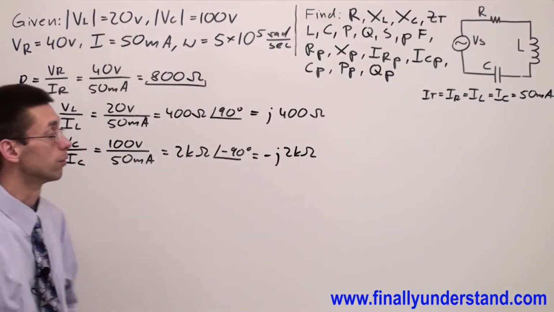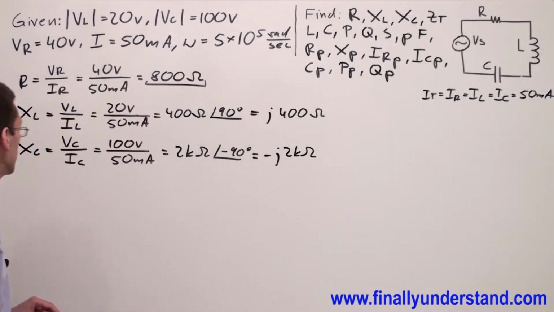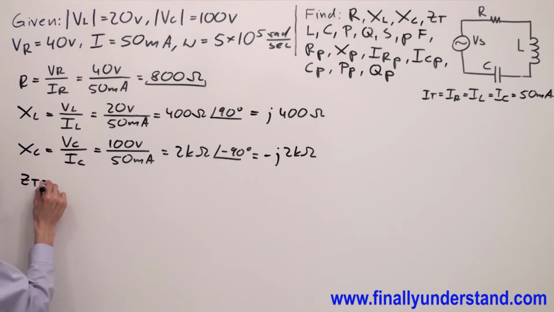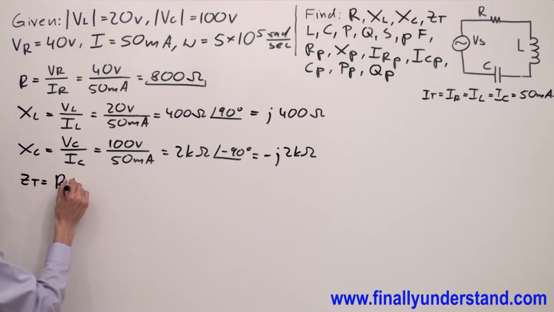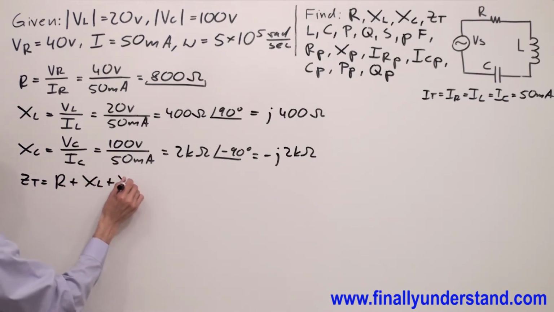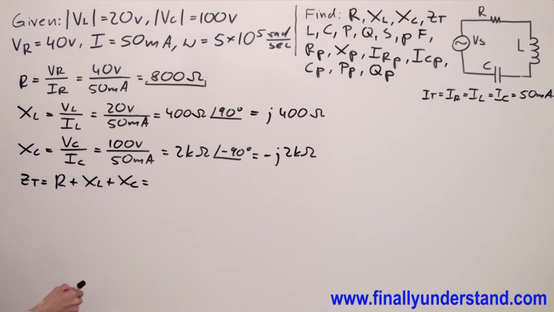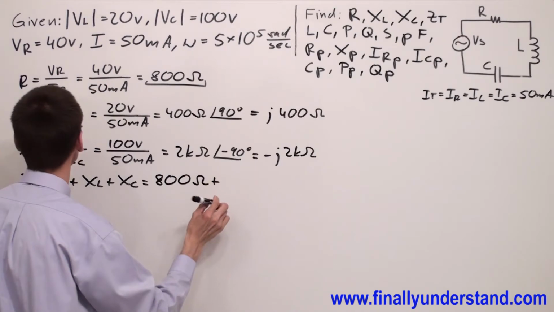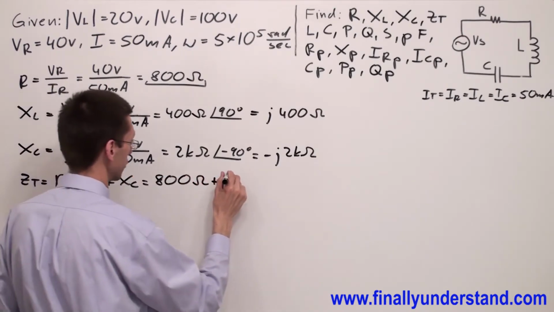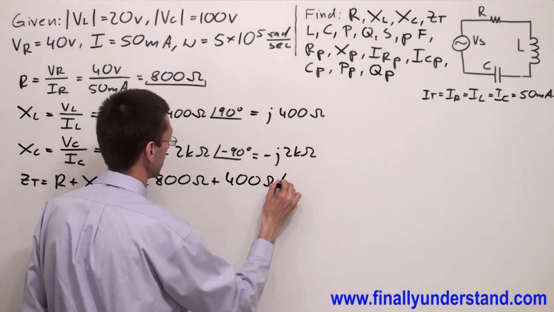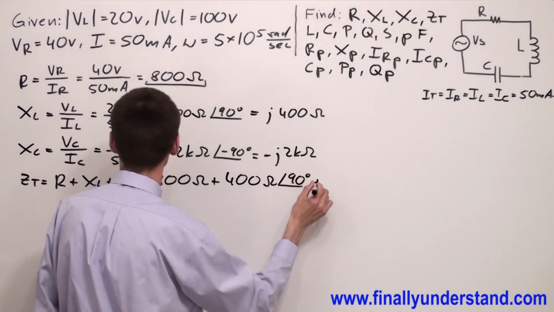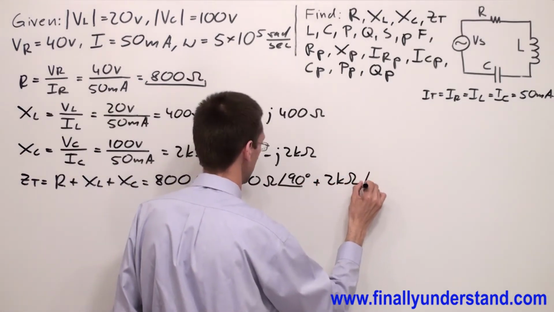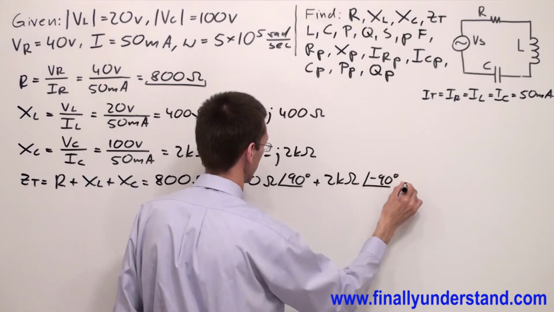Now we are ready to find Z total. Because this is a series circuit, I'm supposed to add all these three impedances together. So I have Z total equal to resistance plus X of L plus X of C, where resistance we found is equal to 800 ohms, plus X of L, which is equal to 400 ohms and angle of 90 degrees, plus X of C, which is equal to 2 kiloohms and angle of negative 90 degrees.